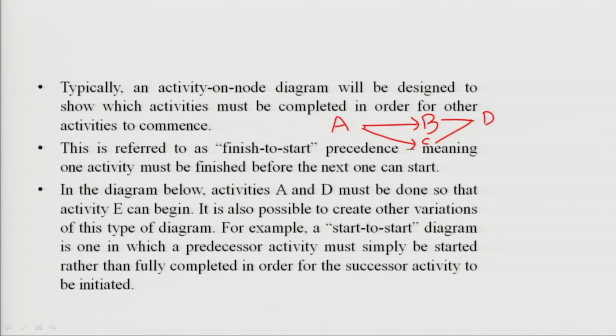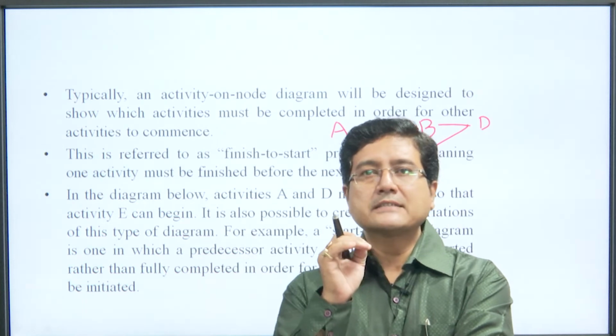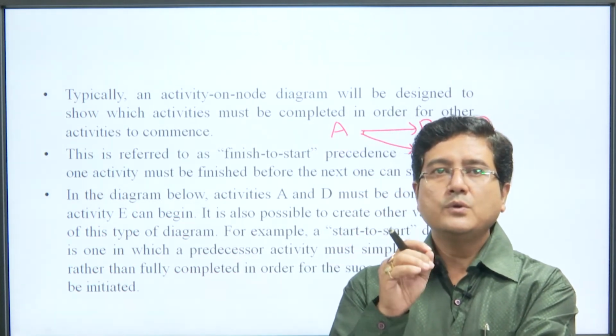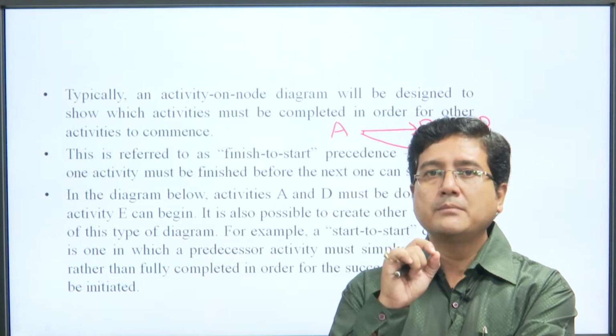That means in this condition D activity cannot start until both B and C have finished. So, the activity on node diagram shows which activities must be completed in order to commence the other activity.